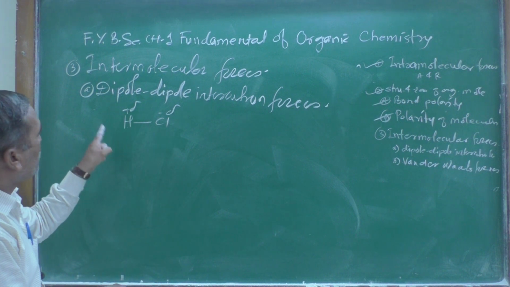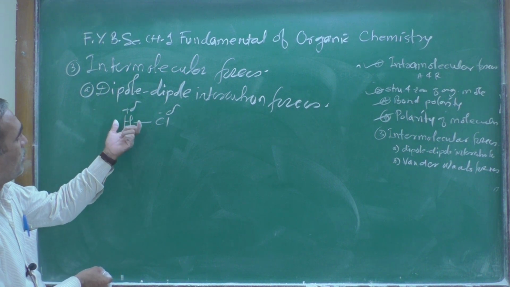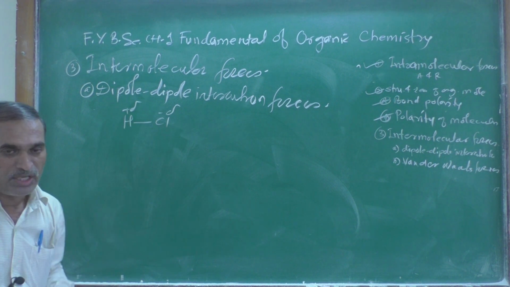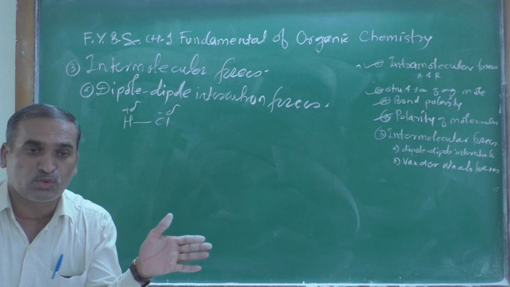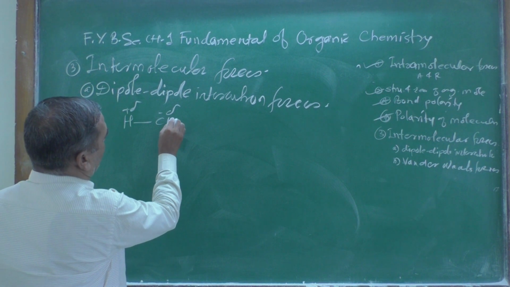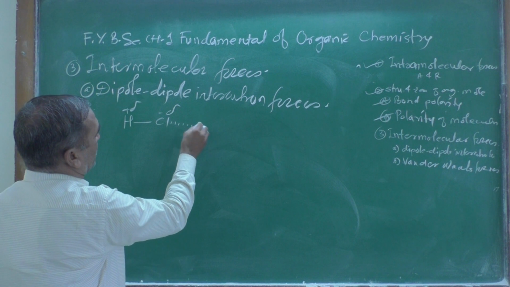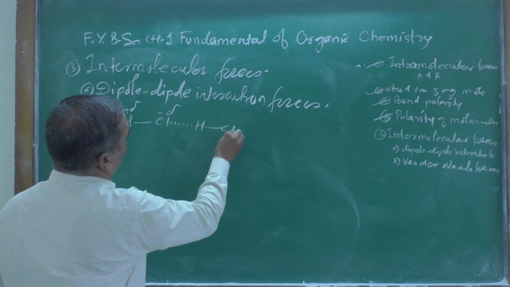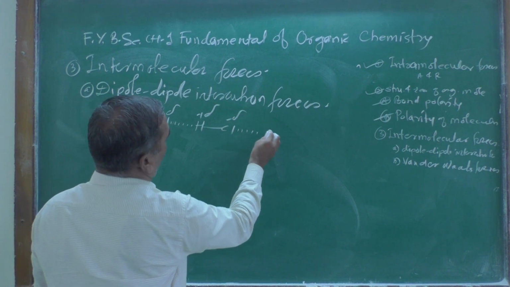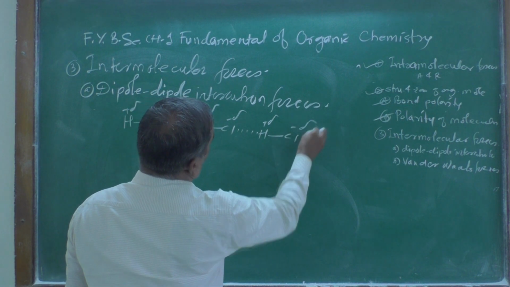And now, dipole means what? Here one has a positive dipole and the second one has a negative dipole. Now when the two molecules get associated together, one molecule gets associated with another molecule: hydrogen with plus delta charge, Cl with minus delta charge, another hydrogen with plus delta charge, and Cl with minus delta charge.